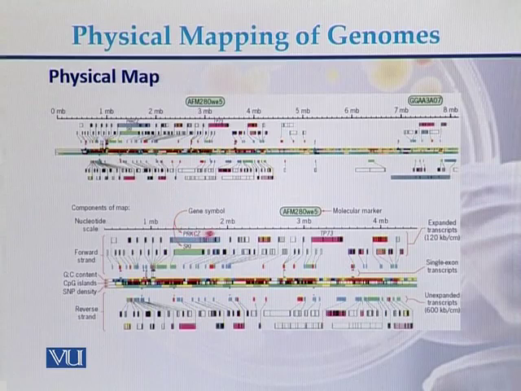This is an expanded view of the same map in which we can see genes present somewhere between 1 MB and 2 MB of the DNA. So with the help of physical maps, we can know the exact location of the genes and identify the exact sequence of the DNA that makes a specific gene.